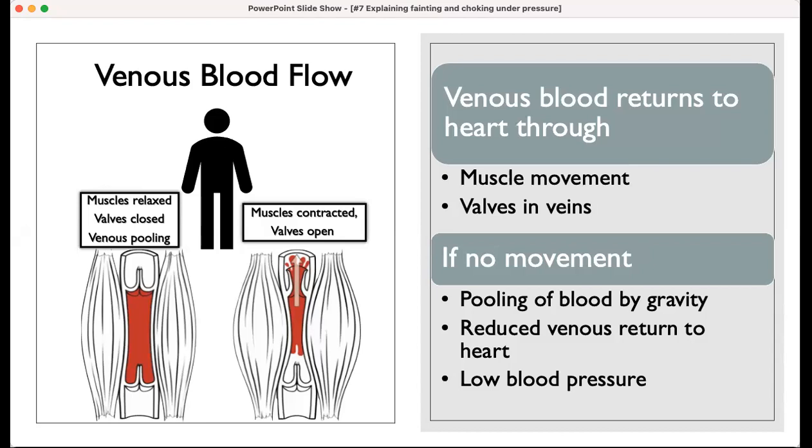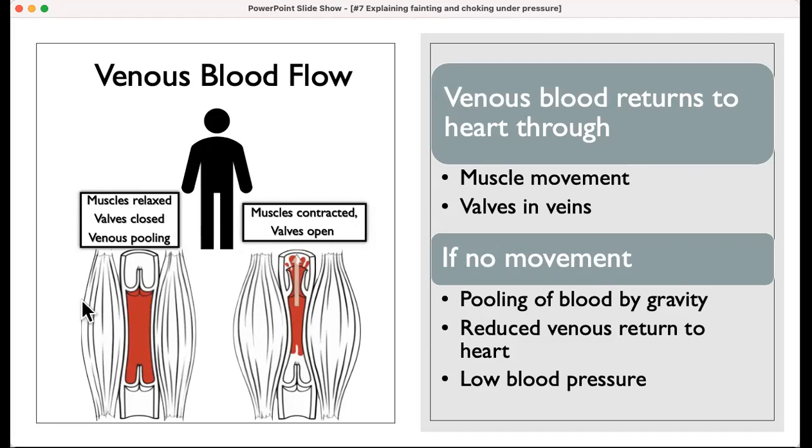Your return of venous blood back to your heart is dependent on a couple of things. Part of it is the valves in your veins. Your arteries don't have valves, but your veins do. The arteries get blood flow to the periphery, but there is no pump to take blood back to your heart.